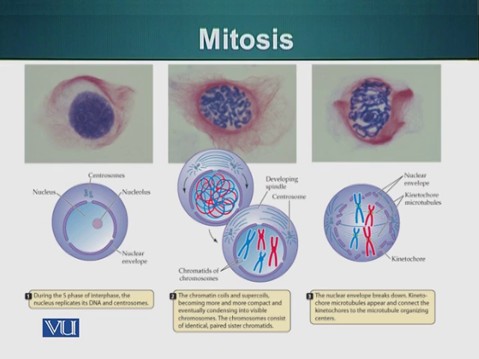The centrosomes, which have already divided, move to the opposite ends of the cell. We have already talked that centrosomes are the structures from which these microtubules are coming out, and together they're forming the spindle. The nuclear envelope is still intact. The chromosomes have already divided. From one chromosome, we have two chromosomes.